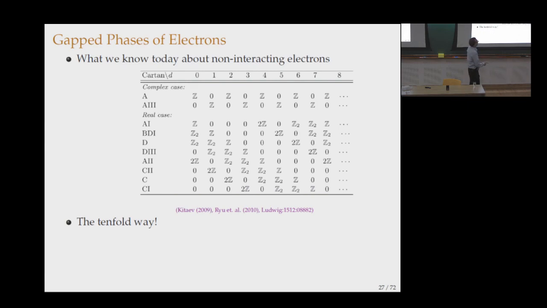You see an entry associated with a symmetry label, say class D, and in one dimension it is Z. That means there are an infinity of distinct gapped phases, each labeled by an integer. If it is Z2, there are two distinct phases. If it is 0, there is only one phase.